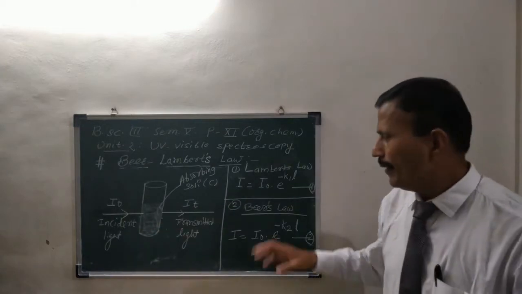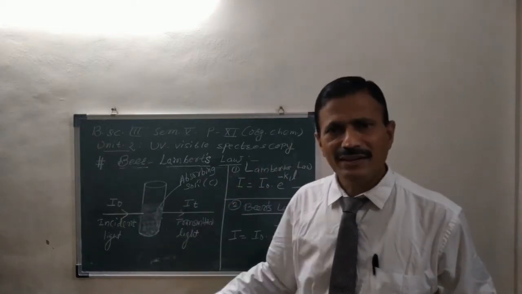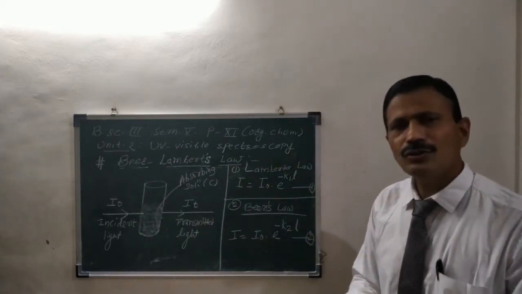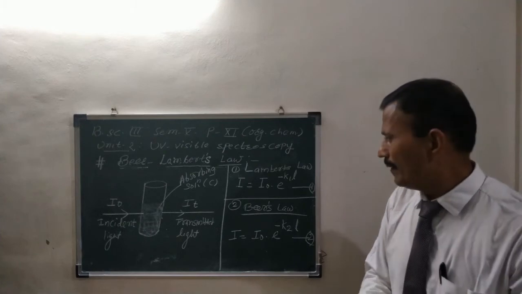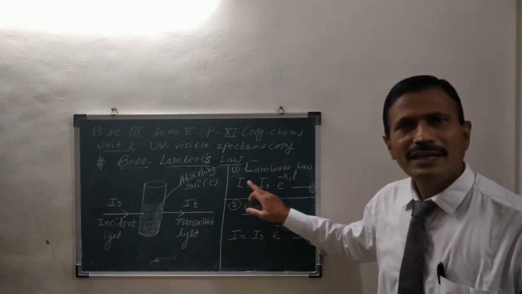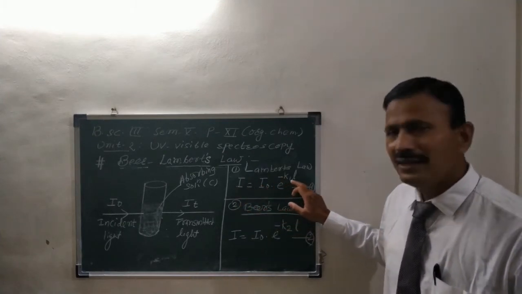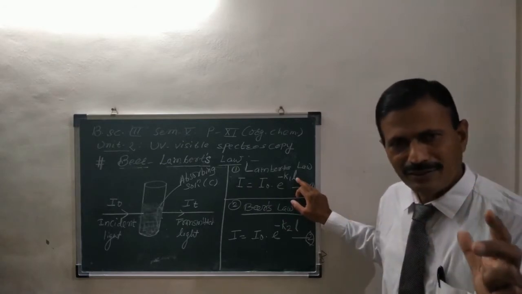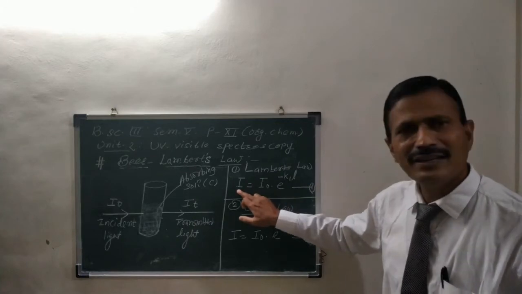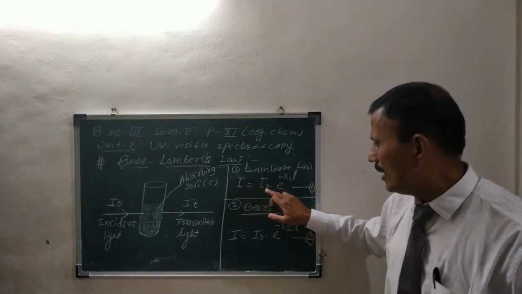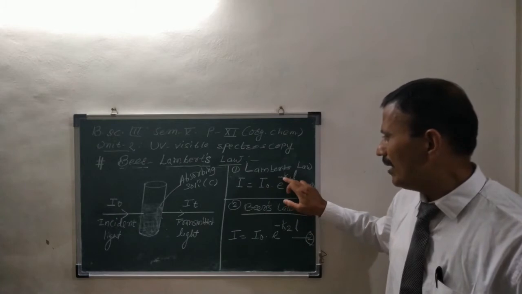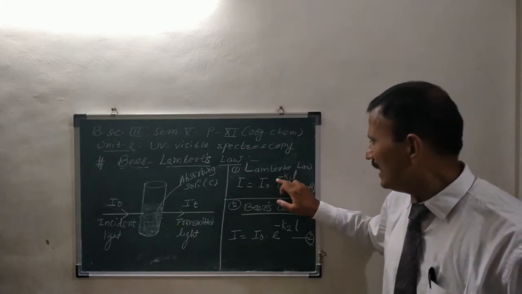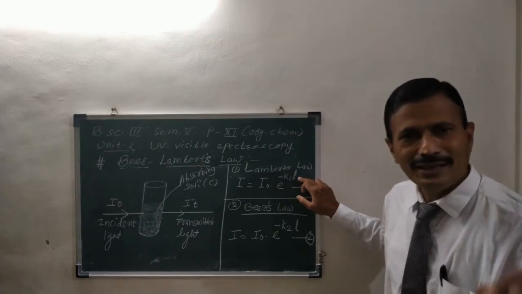It states that when a beam of monochromatic light is passed through an absorbing medium, its intensity decreases exponentially as the path length of the cell goes on increasing. Mathematically it is written as I is equal to I0 exponential, decreasing with path length. The minus sign indicates that it is decreasing.